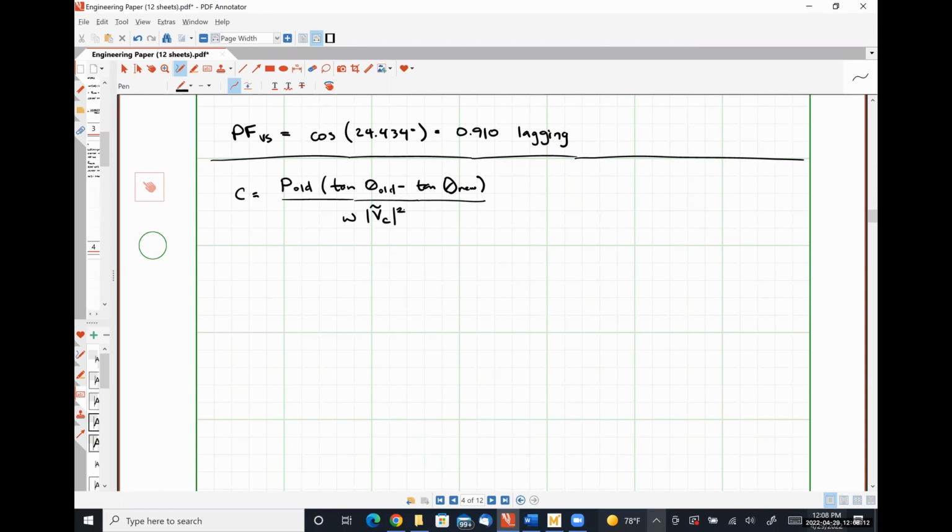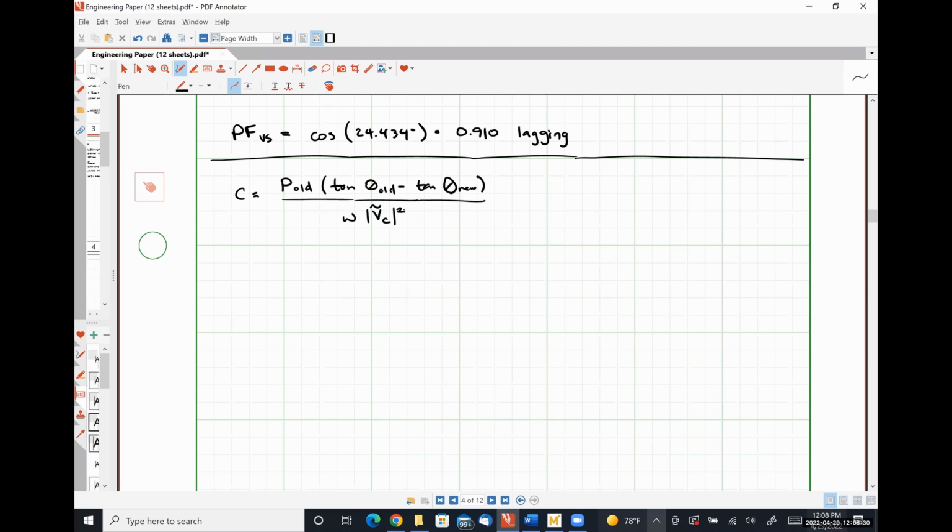Which of these pieces of information do we presently have? So we have theta old for sure, because it's literally this. We don't have P old yet, but we definitely have enough information to know P old, right?